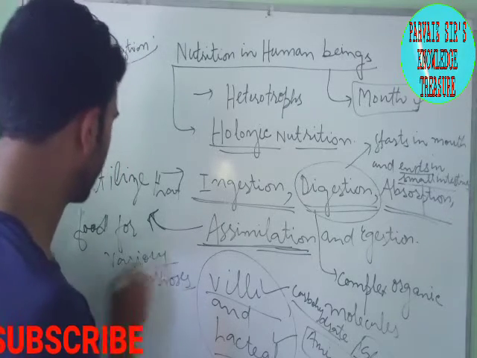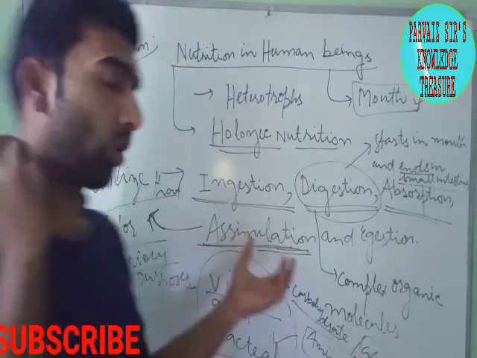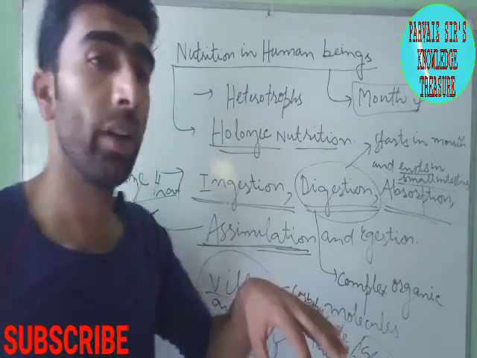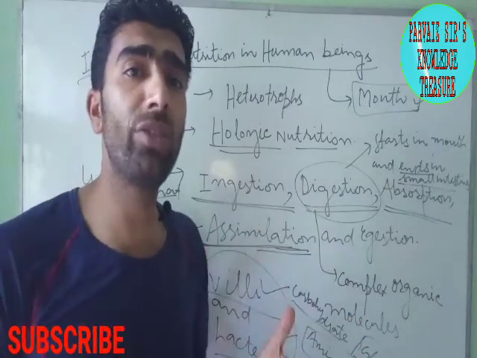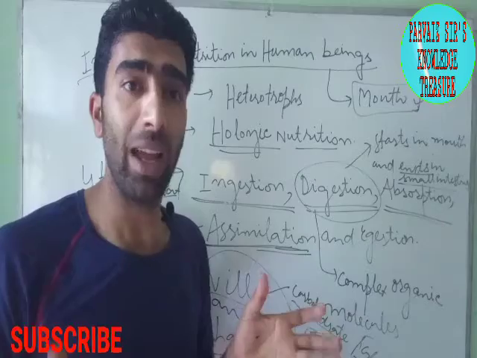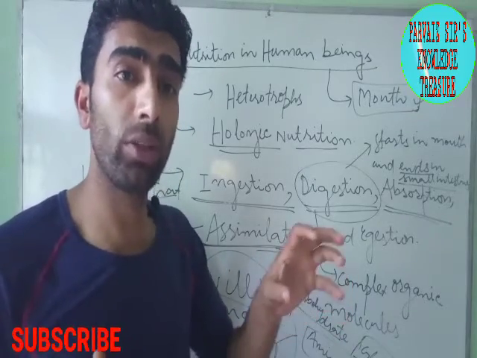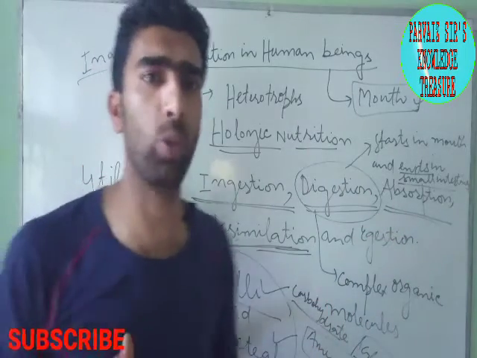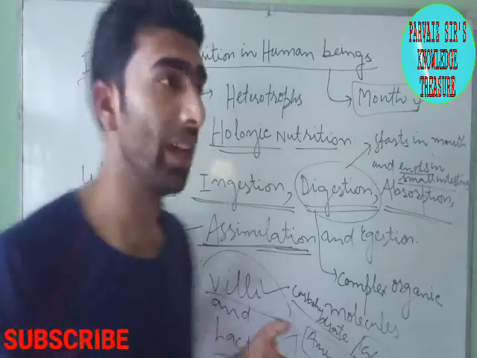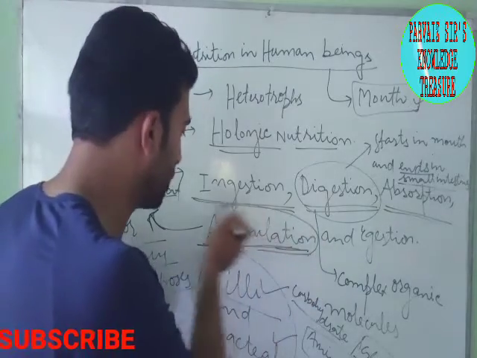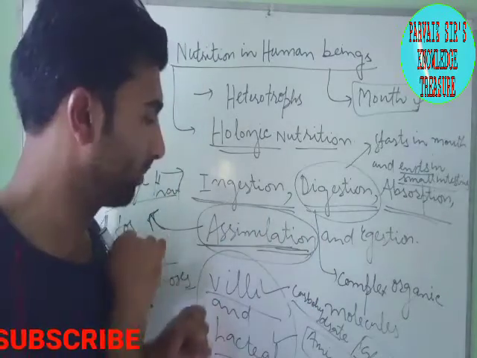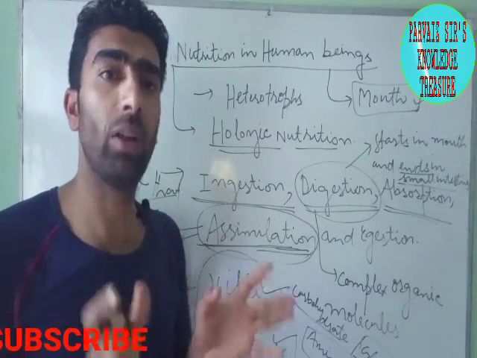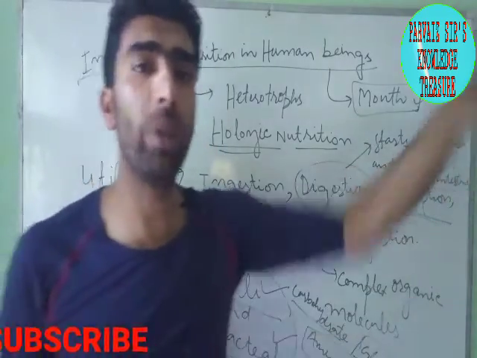So we can say that assimilation is the process in which absorbed food, which the blood carries to different parts of the cells, reaches into the cells and the cells utilize that food for performing various functions. So assimilation occurs in every cell of the body where the food is carried by blood.